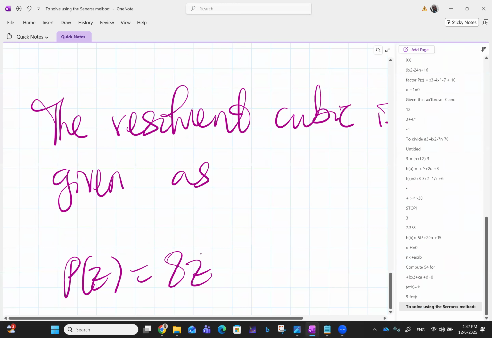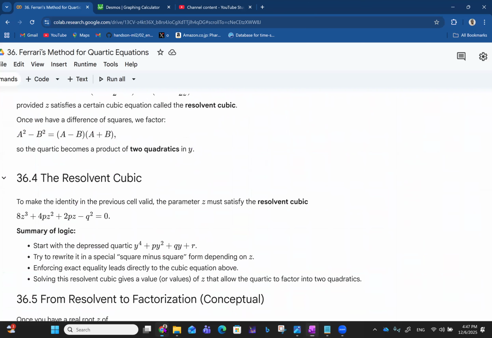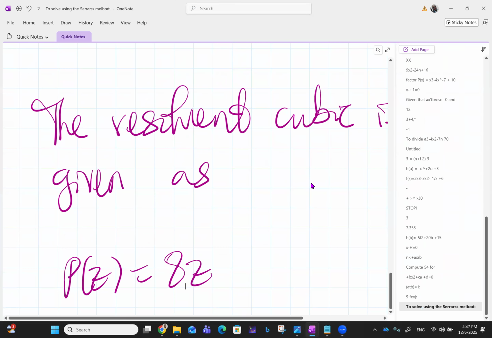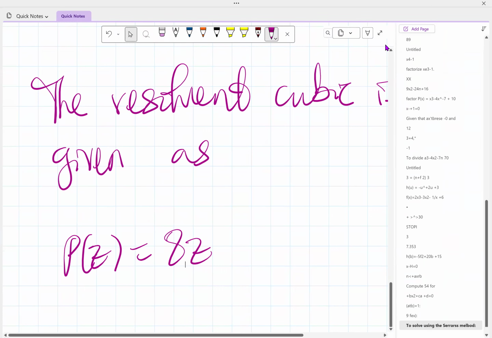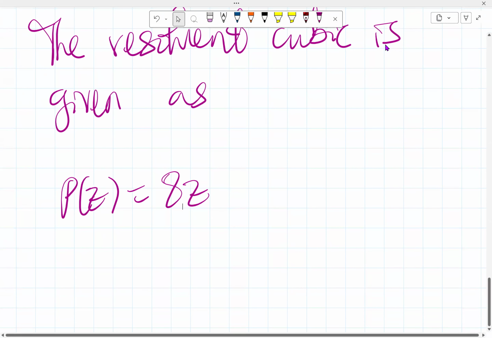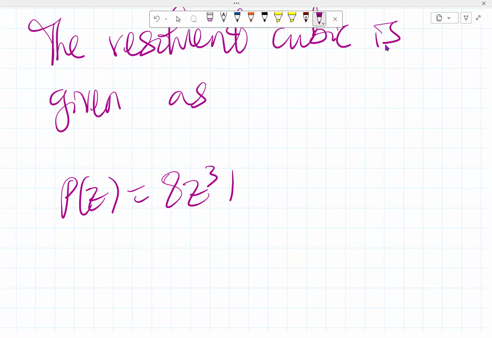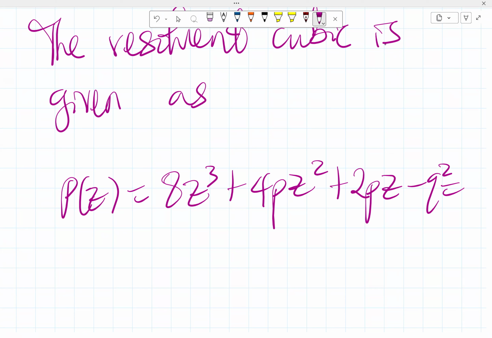Let me even see, is it an equation straight up? Okay, it's an equation, so I can just go without the p of z. So it's something in terms of z. So 8z cubed plus 4pz squared plus 2pz minus q squared equals 0.